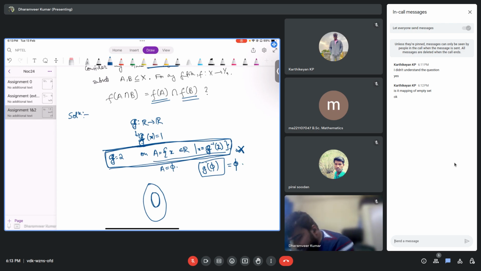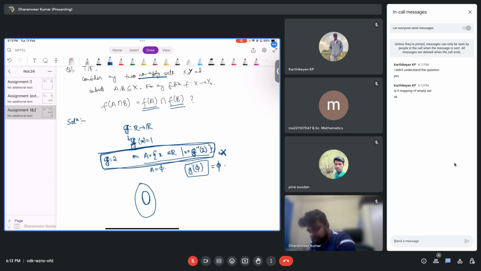You cannot write g is equal to 2 because that set itself is empty. That's why it's important to understand we are given non-empty sets, but always check whether it is an empty set or not. It's a mapping of the empty set, and for any function, by default you understand that it's going to be the empty set. Okay?